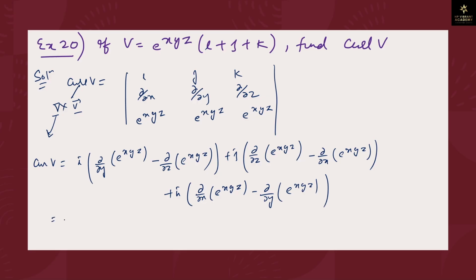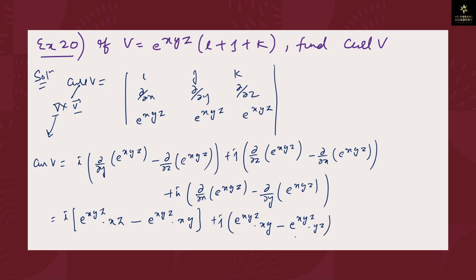So this is equal to i cap (e to the power xyz into xz minus e to the power xyz into xy) plus j cap (e to the power xyz into xy minus e to the power xyz into yz) plus k cap (e to the power xyz into yz minus e to the power xyz into xz). Okay, so let us further simplify this.